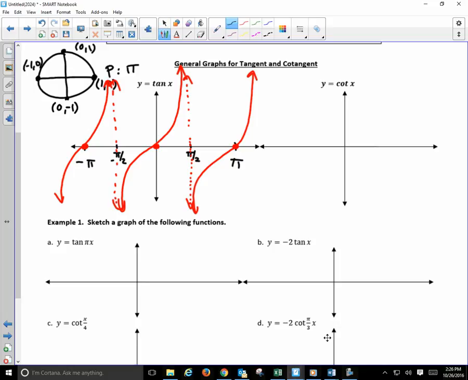For the cotangent graph, we're going to have something very similar. The period is pi. So I mark out pi. I divide it in half, because cotangent repeats itself every 2 quadrants.